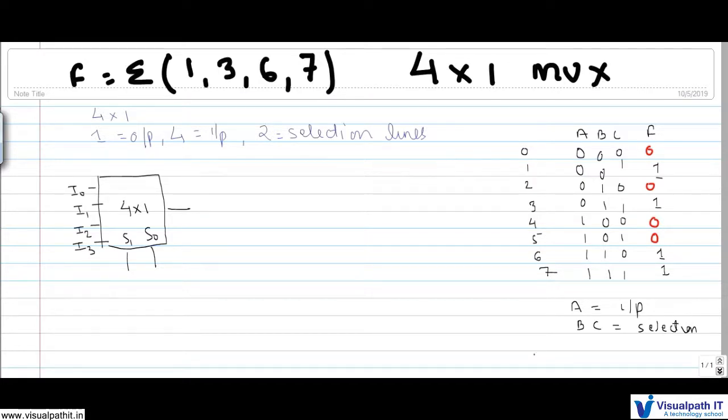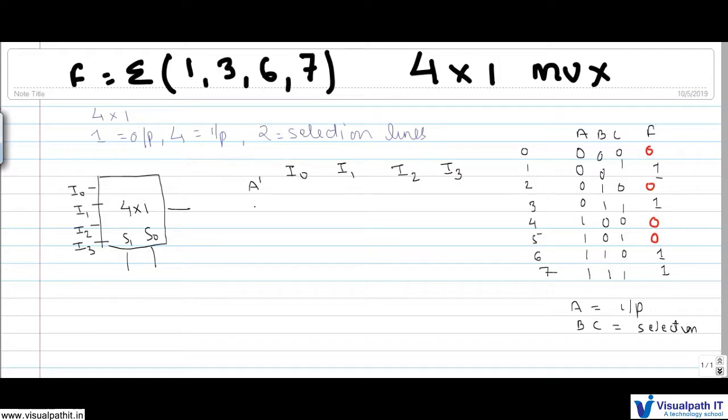So B and C in the selection lines, right? Now as I have 4 inputs, I0, I1, I2, I3, I will put A in the input variables.